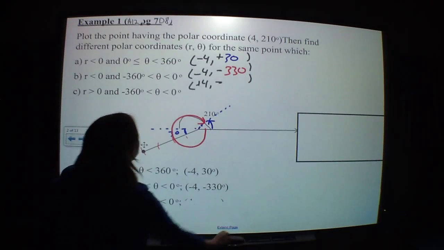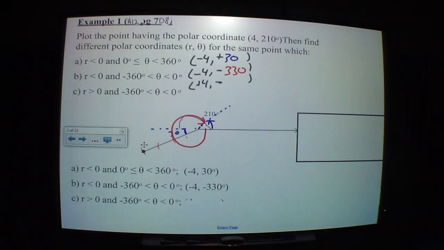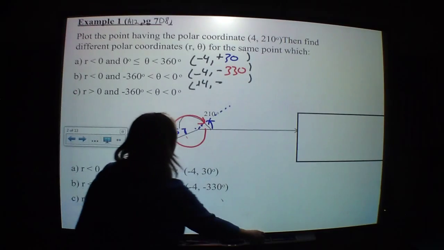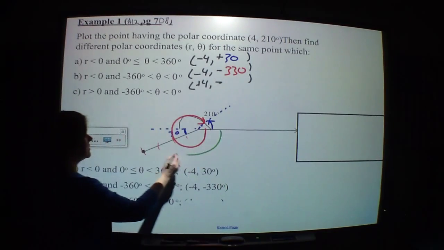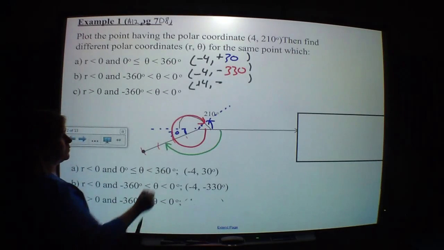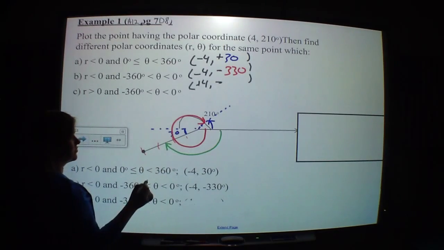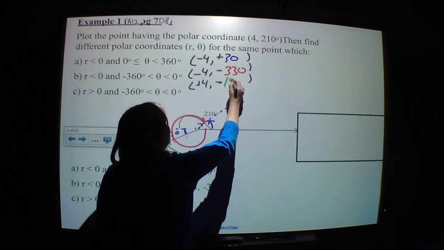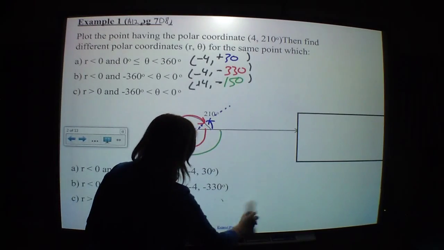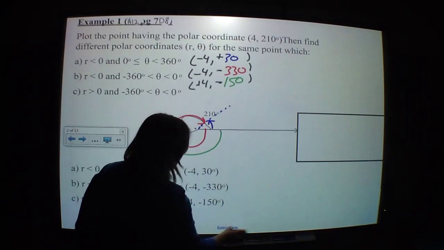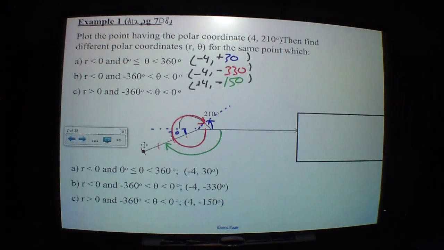So there's that one. Or I could just go a negative angle. So I could go this angle right here, which would be 180 minus 30, would be 150 in the negative direction. And there are my points. And you're done. So you need the 3 points.